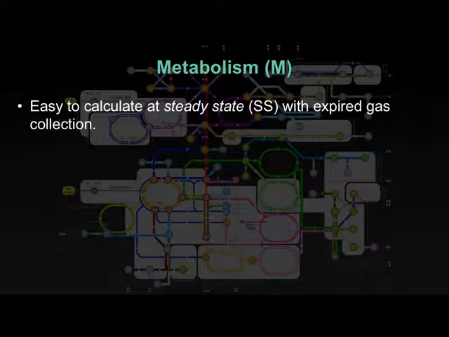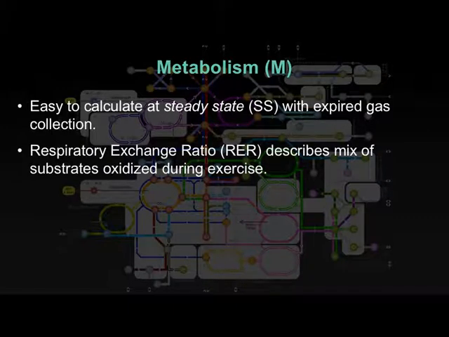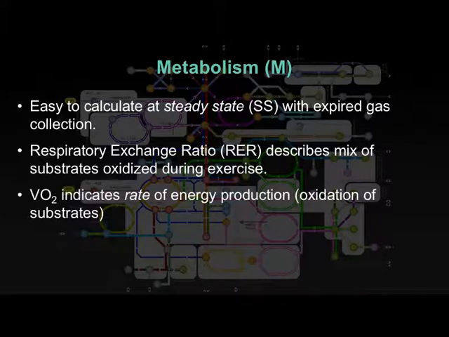And I think you have experience with doing this with expired gas collections, where you measure RER and VO2, and you can calculate the caloric equivalent and how many calories were expended at that exercise. Very easy during steady state, because the rate that you consume oxygen is indicative of the rate that you are producing energy.